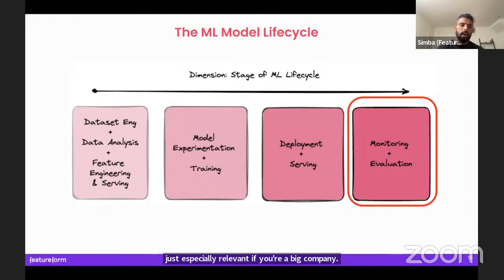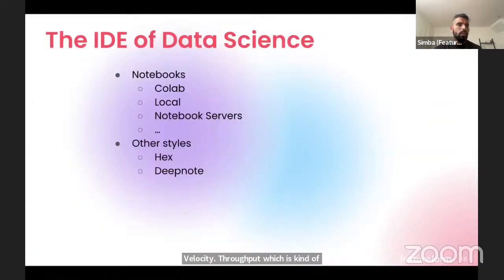And there's lots of risk mitigation. I can't accidentally break production. I can't accidentally deploy a model which is completely wrong, or maybe uses data it's not supposed to use due to regulation. So those are the three pieces: velocity, throughput, which is kind of like collaboration, and then risk management.